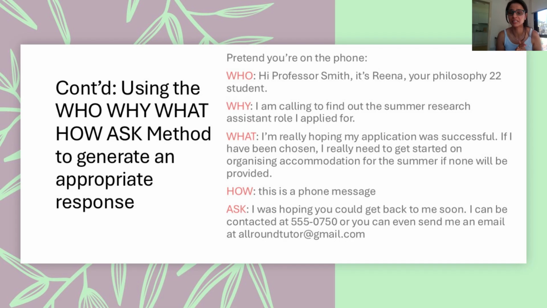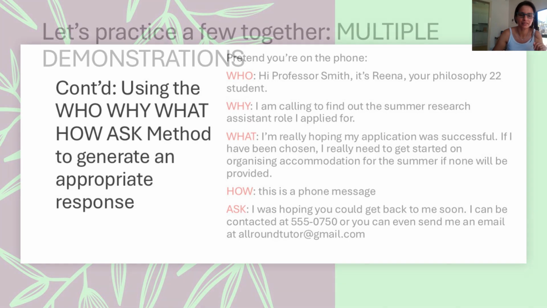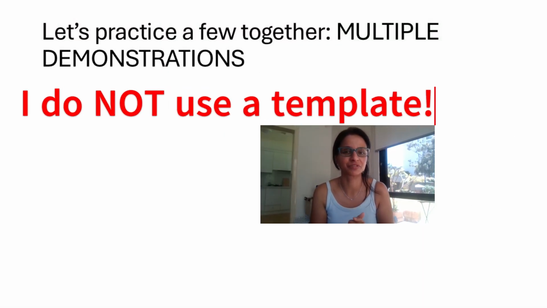I was hoping you could get back to me soon. I can be contacted at 555-0750 or you can even send me an email at allroundtutor@gmail.com. Thank you. Goodbye. Put the phone down. You're done. Submit.